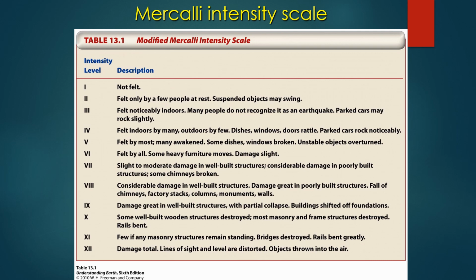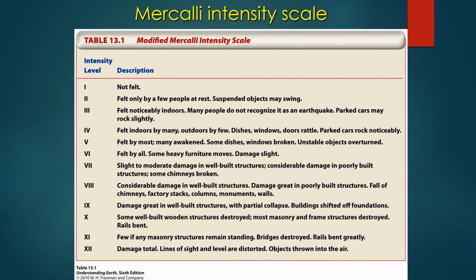The table shows the scale that remains in most common use today, called the modified Mercalli intensity. This intensity scale assigns values in Roman numerals from 1 to 12 to the intensity of the shaking at a particular site. For example, a location where an earthquake is just barely felt by a few people is assigned an intensity of 2, whereas one that was felt by nearly everyone is given an intensity of 5.